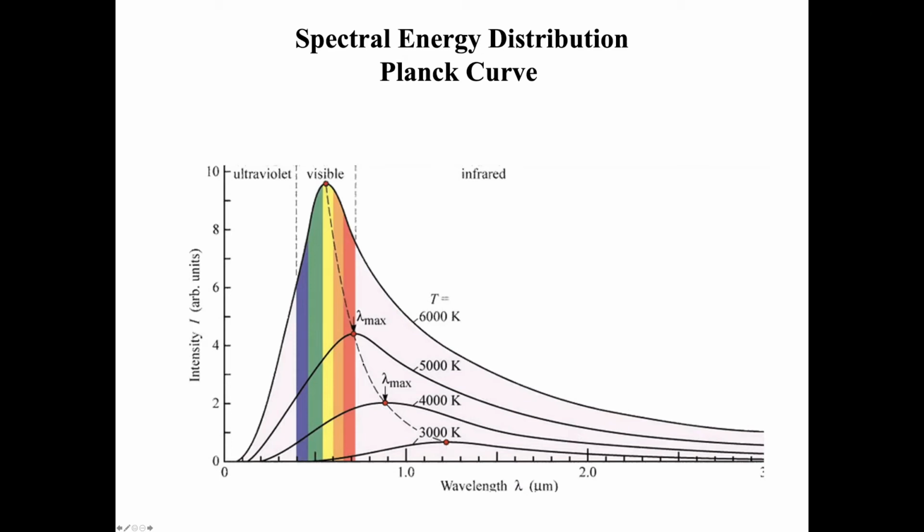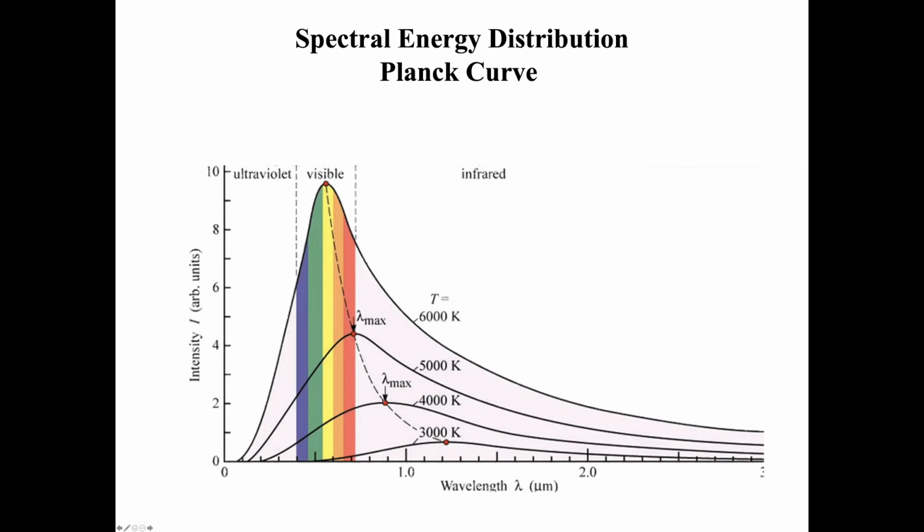Stars usually have temperatures in the range from 3,000, that's the temperature of the coldest stars, to 10,000, 20,000 Kelvin, which is the temperature of the hottest stars. The hotter stars will peak in ultraviolet, and as you lower the temperature, this is the black body of a star whose temperature is 5,000 Kelvin, they would peak in red.